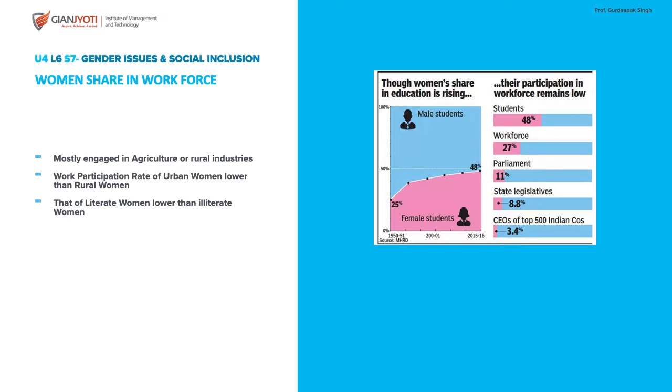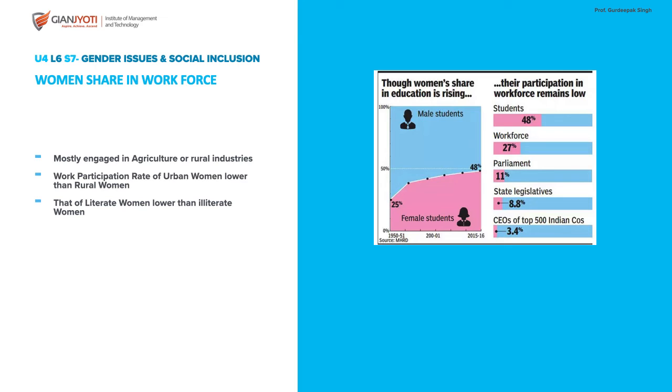It is surprising to know that the work participation rate of urban women is lower than the rural women. Also, the literate women participation is lower than the illiterate women participation.